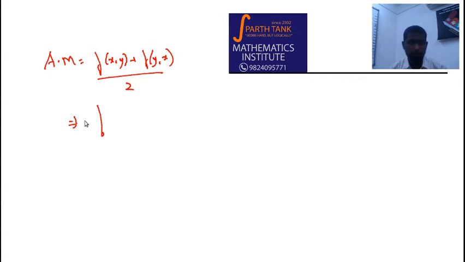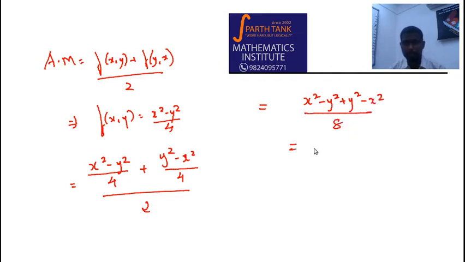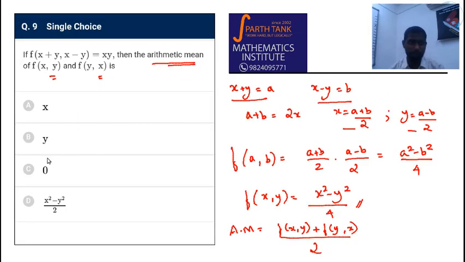Now we know f of (x, y) is x squared minus y squared upon 4. So using this, it would be x squared minus y squared upon 4 plus f of (y, x), which would be y squared minus x squared upon 4, the whole thing by 2. Okay. So this becomes x squared minus y squared plus y squared minus x squared by 8, which is 0. So the arithmetic mean of f of (x, y) and f of (y, x) is 0.